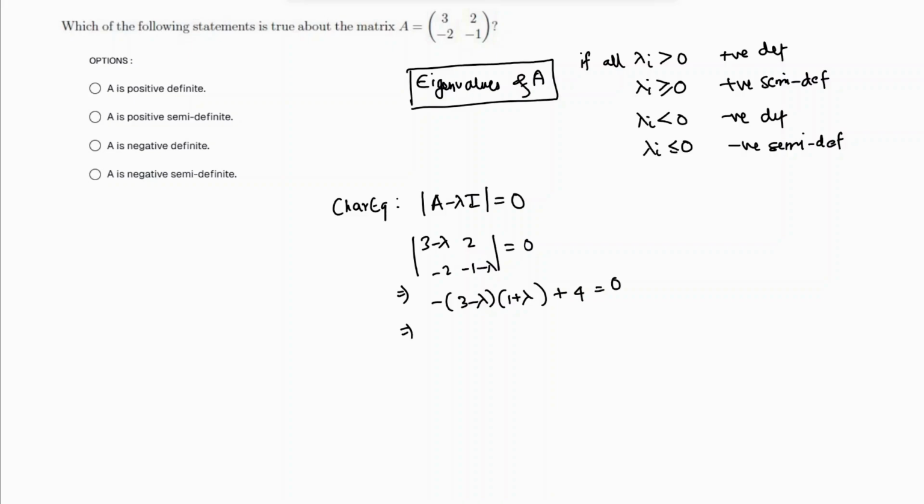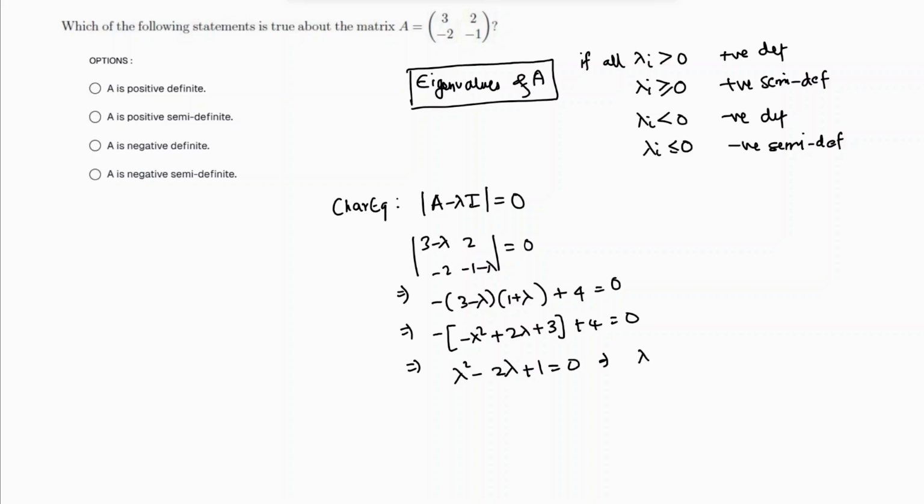Now I can write this as minus of (minus lambda square plus 2 lambda plus 3) plus 4 equal to 0. So I can rewrite this as lambda square minus 2 lambda plus 1 equal to 0.